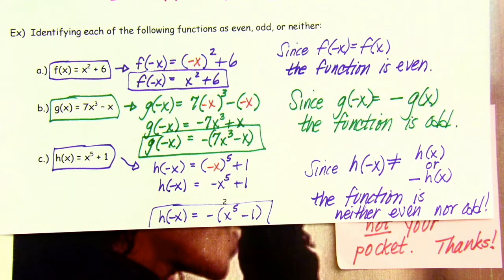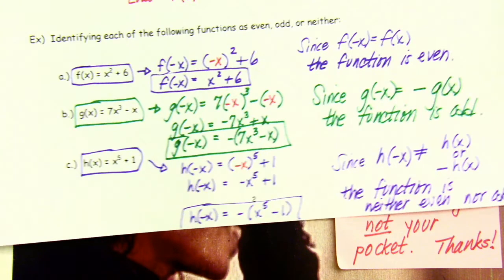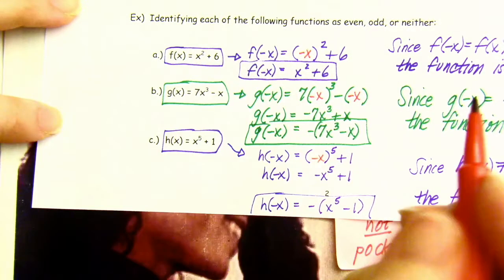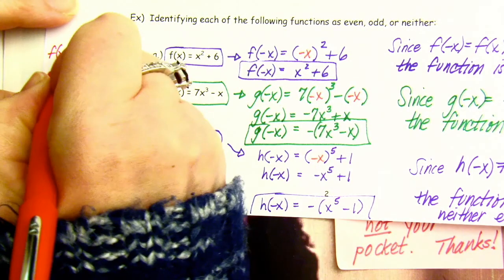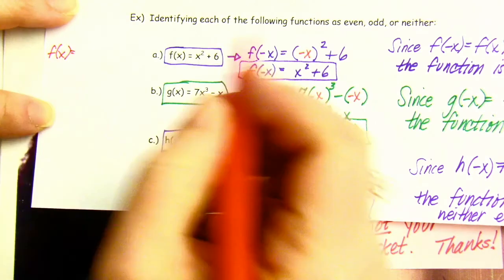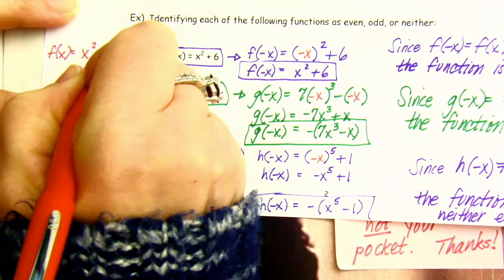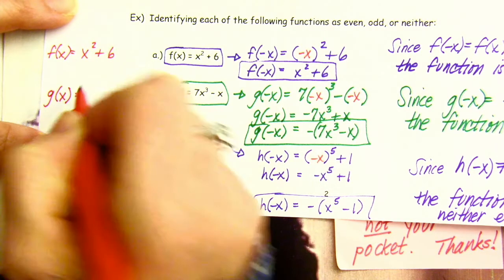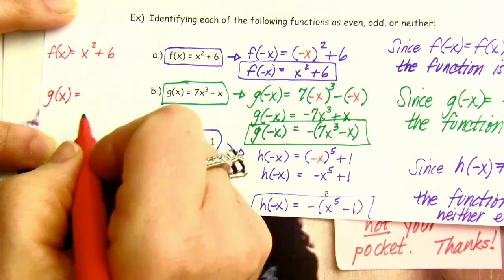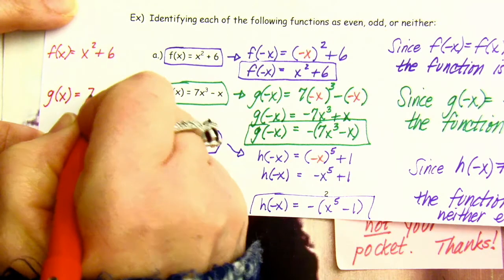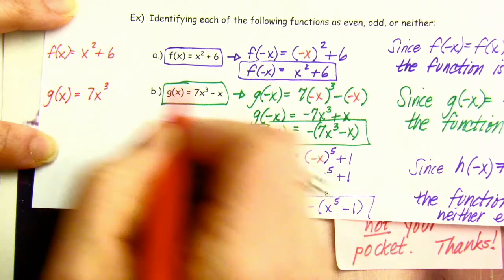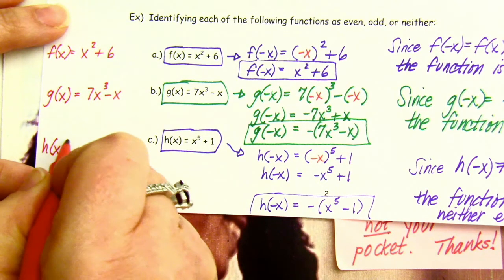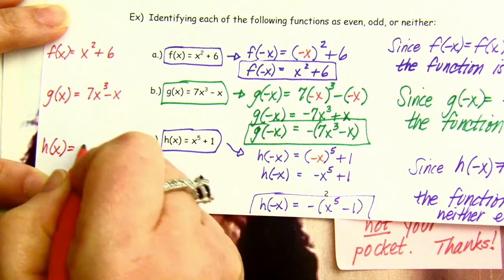So what I'm going to do in the margin over here is recopy the f of x equals x squared plus 6, the g of x equals 7x cubed, subtract x, and the h of x equals x to the power 5 plus 1.